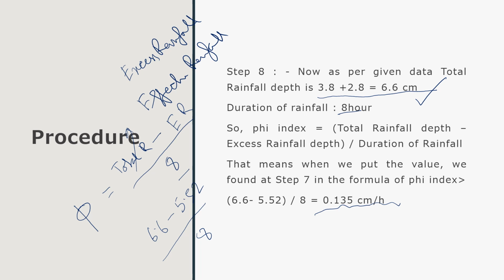So there were two questions. What is the value of effective rainfall depth? Yes, 5.52 centimeter. Second question, what is the value of phi index? 0.135 centimeter per hour.